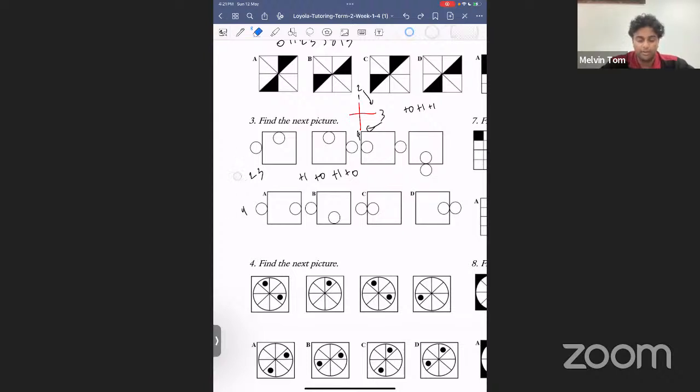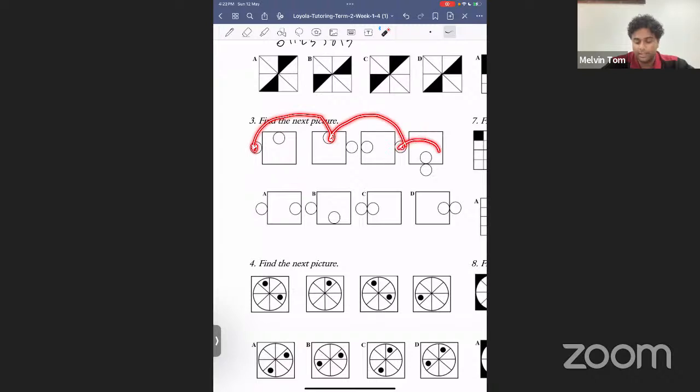That means our original idea that the outside circles are all the same was incorrect. That tells us that this circle goes from outside to inside to outside to inside, and the other circle goes inside, outside, inside, outside, right? They go in, out, in, out, in, out.